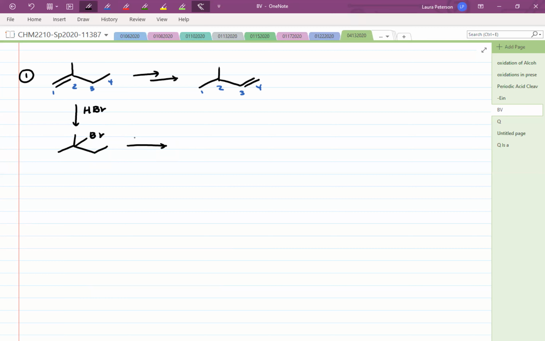You could really choose any E2 conditions here other than using a bulky base, because we want Zaitsev's product in this case. So I'm going to use NaOH, H2O, and heat. Now I've moved the double bond one step closer, and we're just going to repeat those steps. But now I need to get my halide at carbon 3.